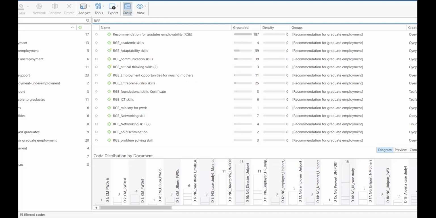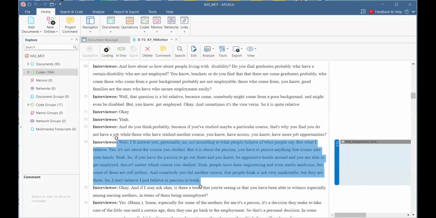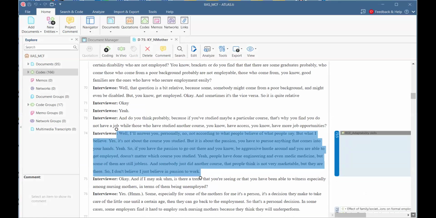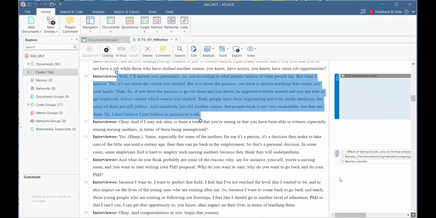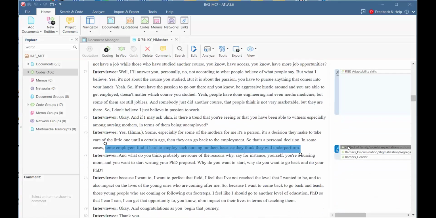So this person feels that the problem is not with the course you studied, but that you were not able to have adaptability skills. I think with this interface you understand it a bit more, because if you do not see what somebody else has done, it might sound like gibberish.